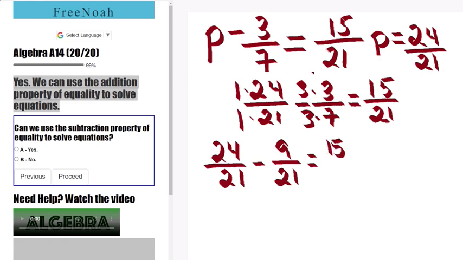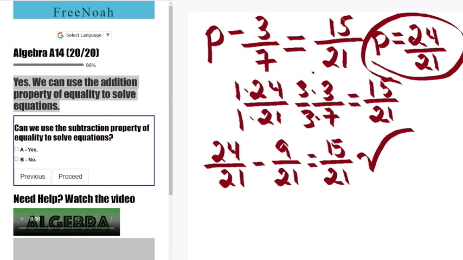Now we have common denominators. And when we subtract 9 from 24, we have 15. And 15 over 21 is our final answer. So P does equal 24 over 21.